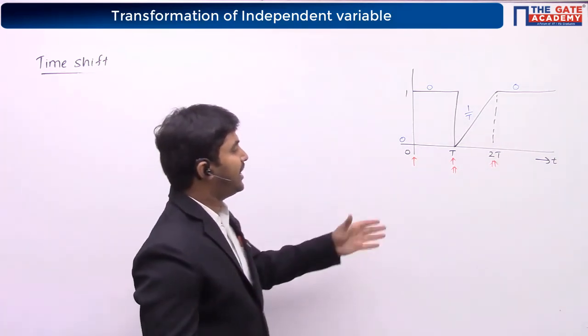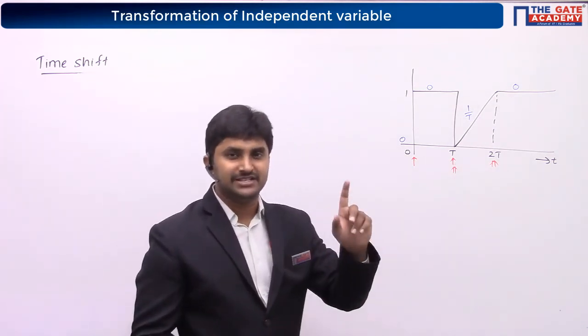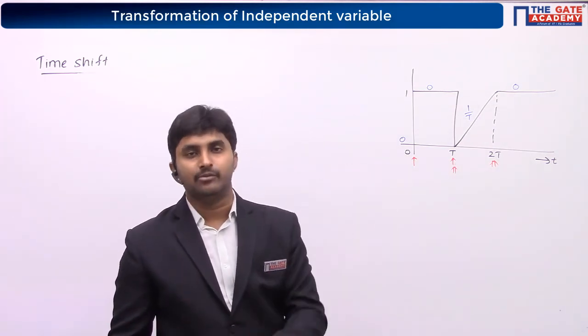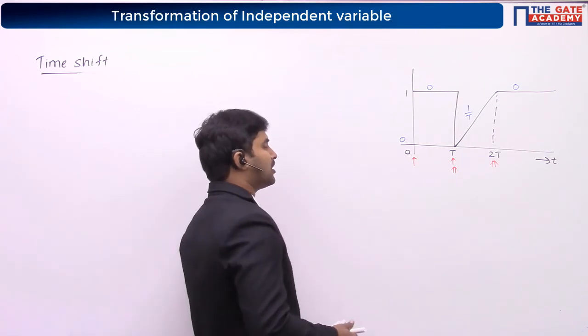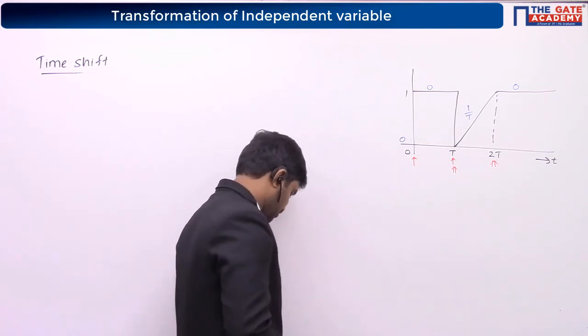So I think we have identified all the points where there is a sudden change in amplitude first and then in slope. Now let us try to write it in the form of an equation.